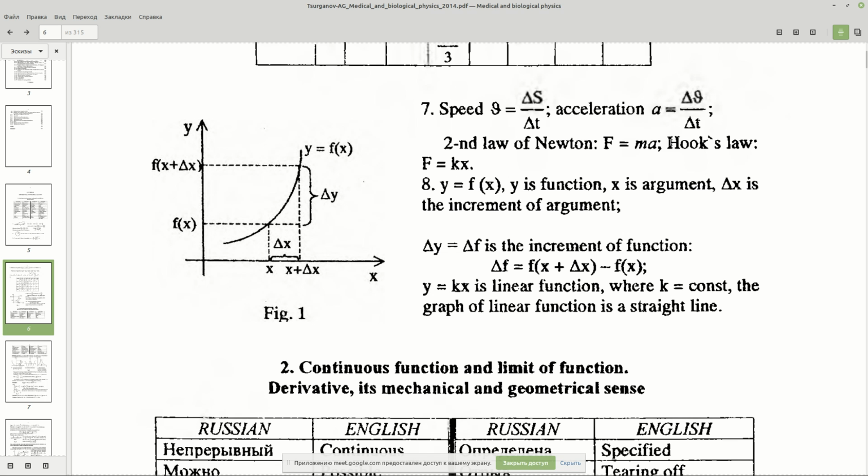So the second law of Newton, we remember this, F is equal to ma.